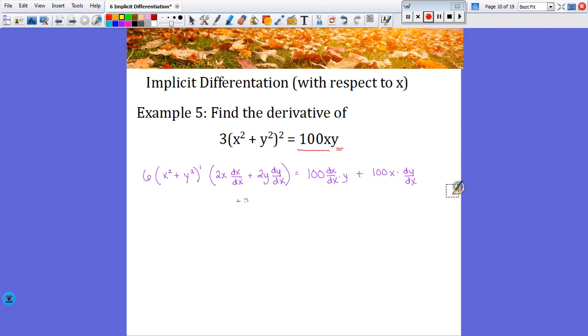Now we want to get the dy dx's together and isolated, so I'm going to distribute my 6x squared plus y squared into this parentheses here. So I'm going to multiply all of this times the first term and the second term in the parentheses.